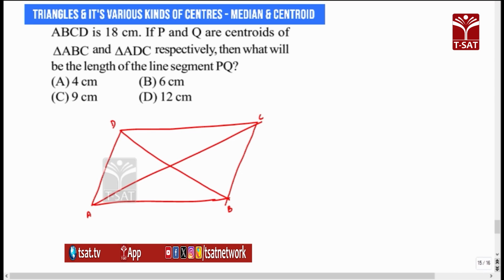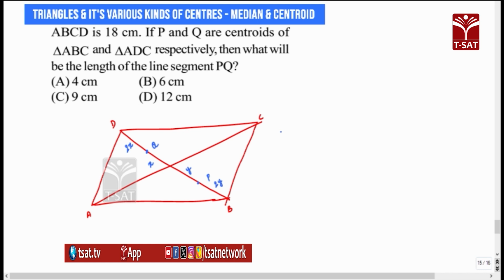So, P and Q are the centroids here. Let this be P, let this be Q. We all know if it is a centroid, it divides it into 2:1 ratio, which means if it is 2x, this is x. If it is 2y, this is y.